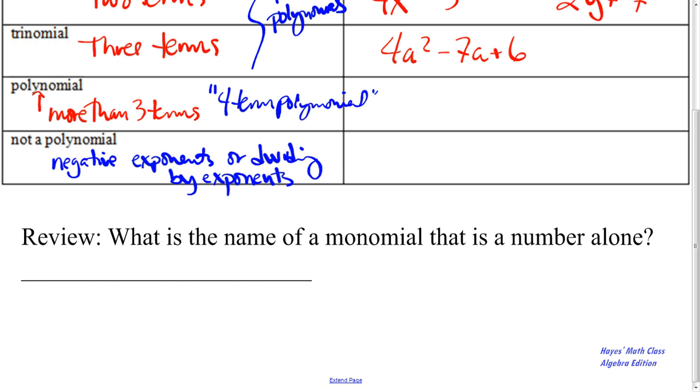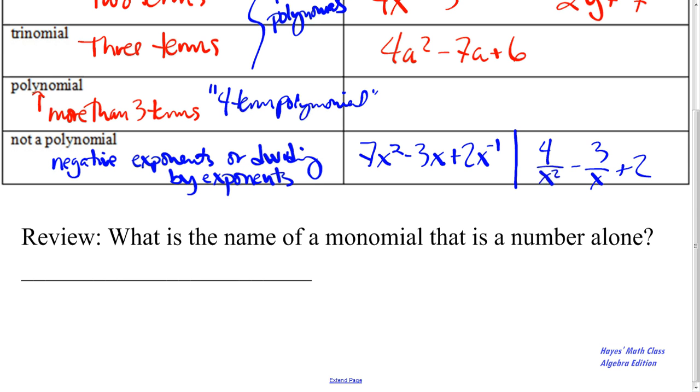So you might get something, for example, 7x squared minus 3x plus 2x to the negative first. Not a polynomial. You might get 4 over x squared minus 3 over x plus 2. Those are not polynomials. Okay?